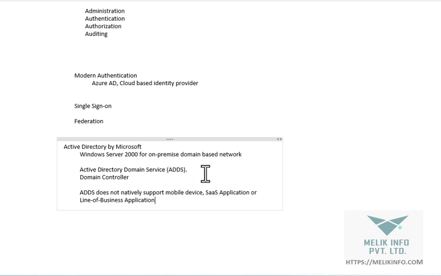And as cloud services are growing, and the requirements for SaaS based applications, support for mobile devices, and remote login are growing, we need Azure Active Directory, which is designed to meet this requirement.